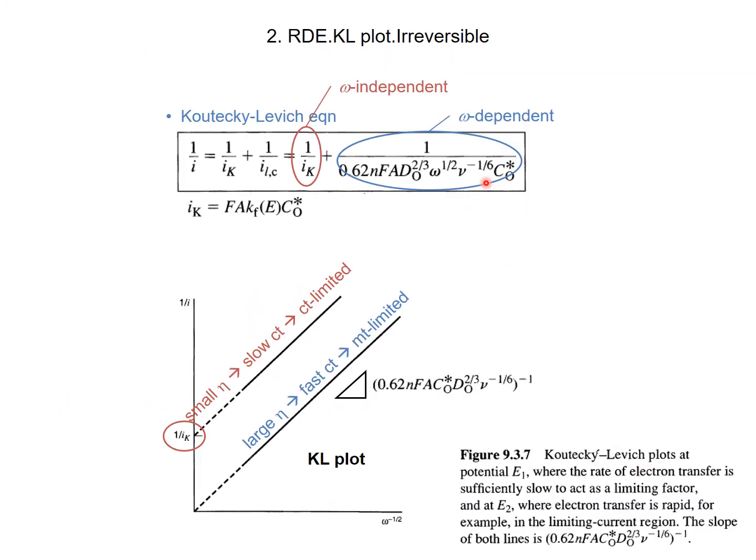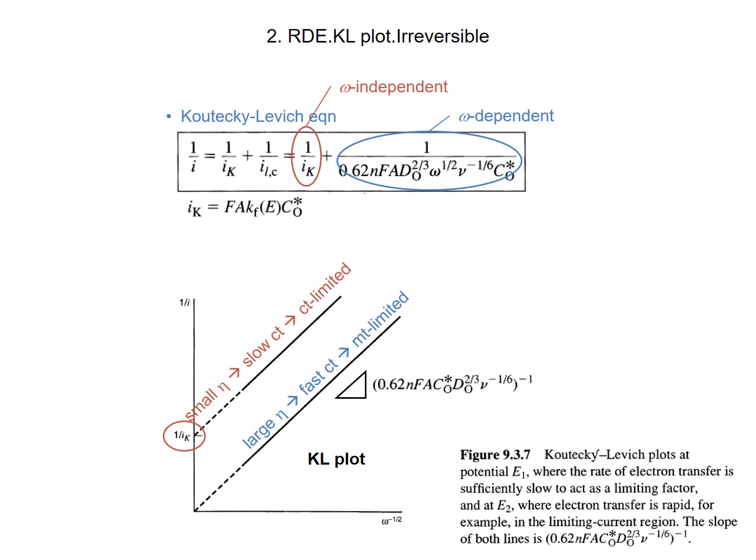Still, I have the Koutecký-Levich equation here. Again, the overall term is equal to the Koutecký term plus the Levich term. And I have drawn a plot which is called the Koutecký-Levich plot. The y-axis is 1 over I, I mean this one, large Y, and the x-axis is 1 over the square root of omega. According to the Koutecký-Levich equation, we would have a linear equation.